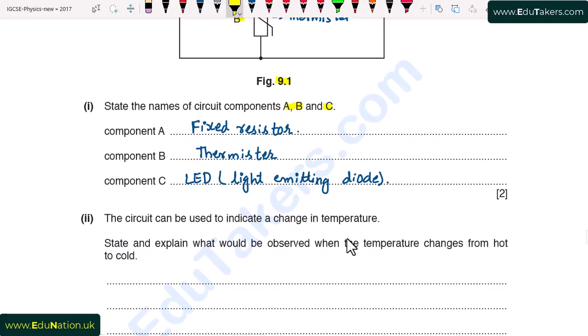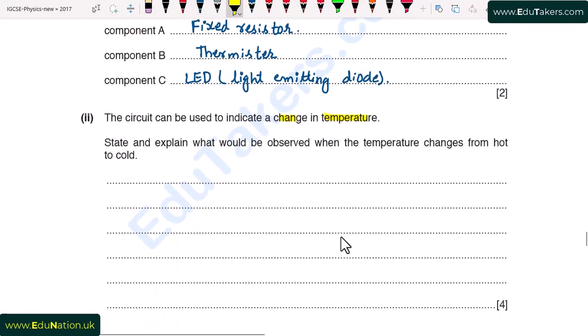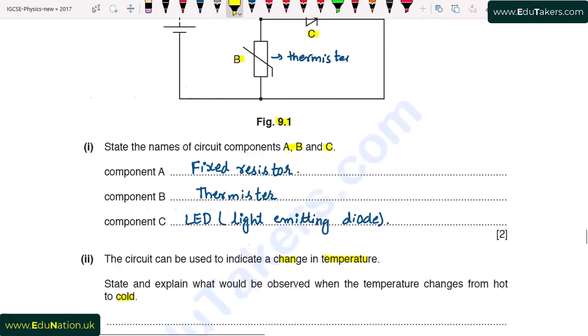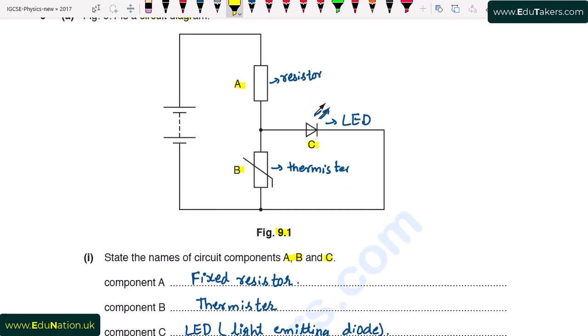Part 2. The circuit can be used to indicate a change in temperature. State and explain what would be observed when the temperature changes from hot to cold. So here we have to explain what we observe when the temperature changes from hot to cold. First of all, here is the circuit diagram in figure 9.1.